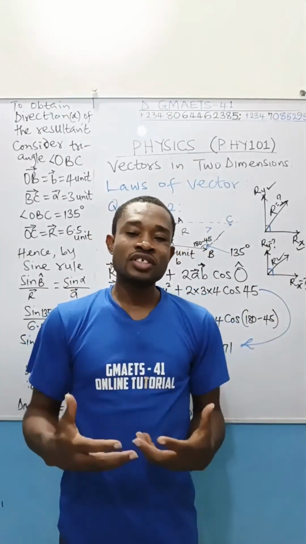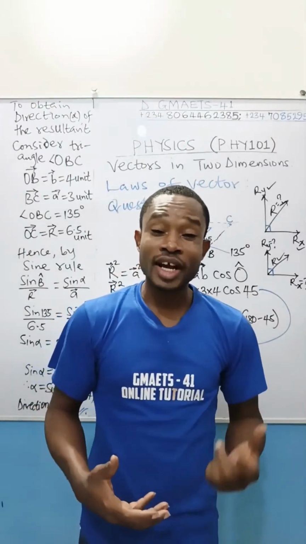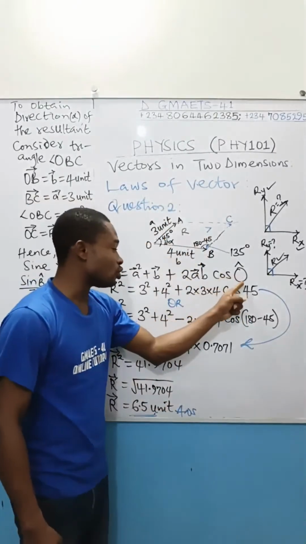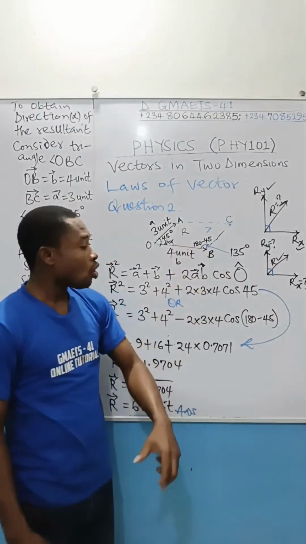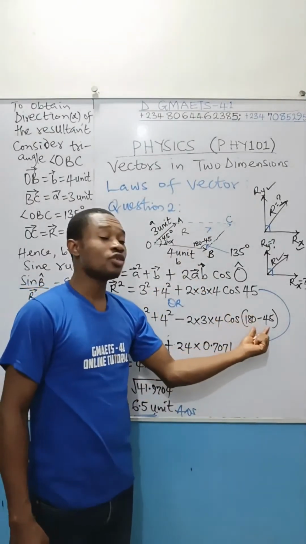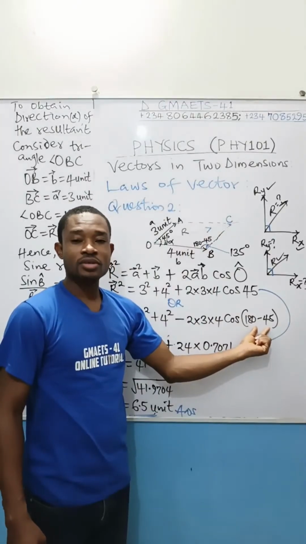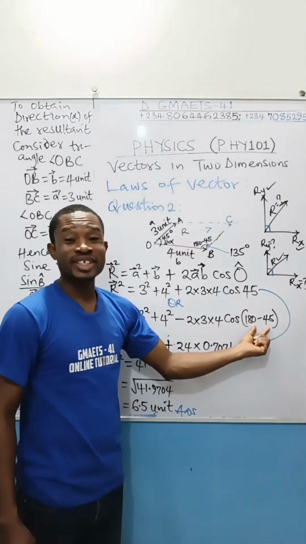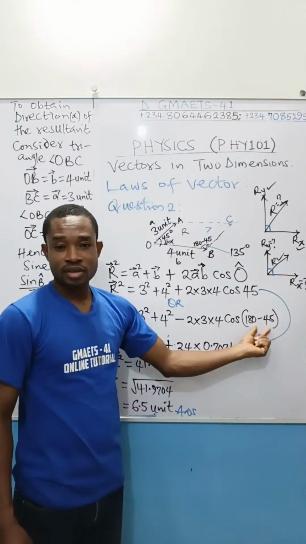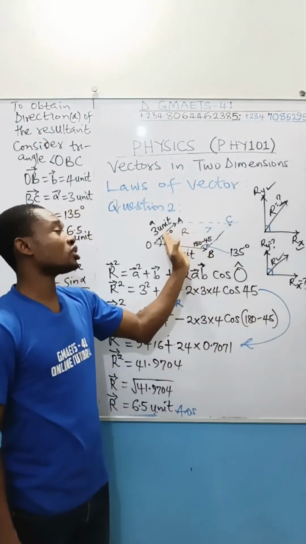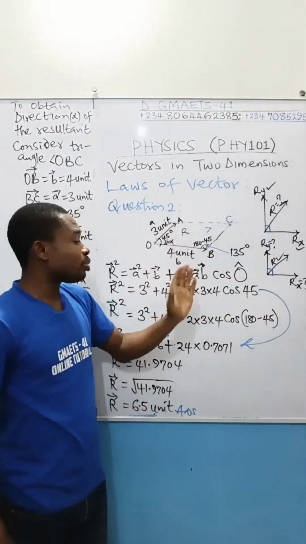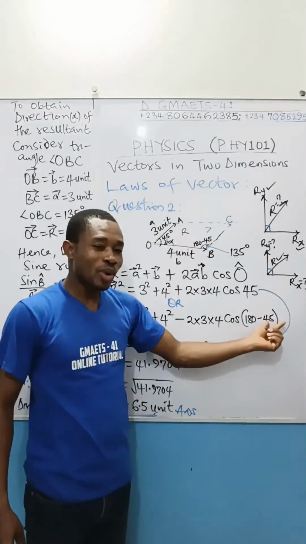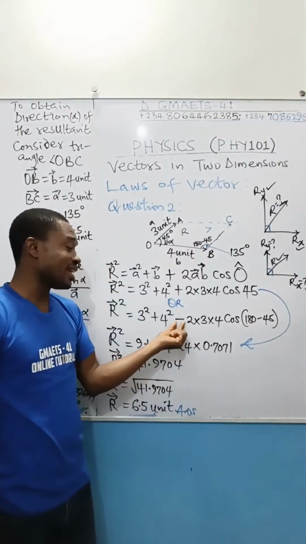And we also learned that in parallelogram law of vector, you can use the acute angle value, where in that case, this sign will be plus before the 2AB. Or you can use the obtuse angle value. And how do you know the obtuse angle value? Obtuse angle will be greater than 90. If we had been told in this question that the two vectors met at 135 degrees, we wouldn't bother ourselves doing 180. You don't do 180 minus 135 to maintain this minus.